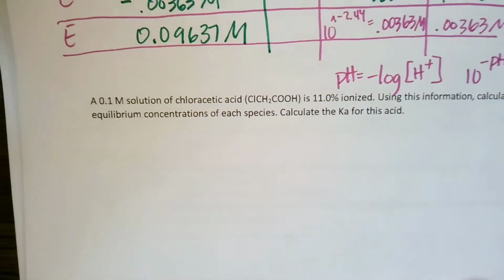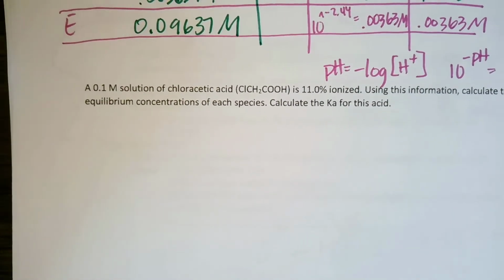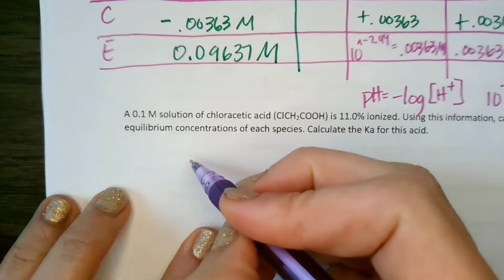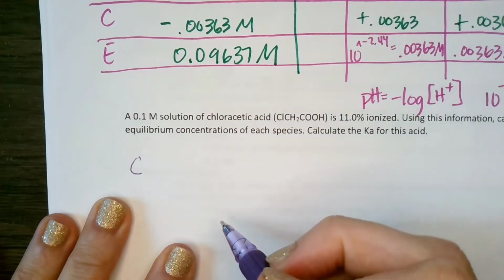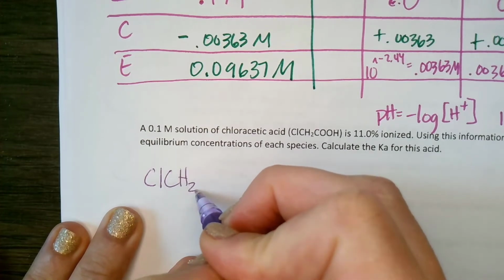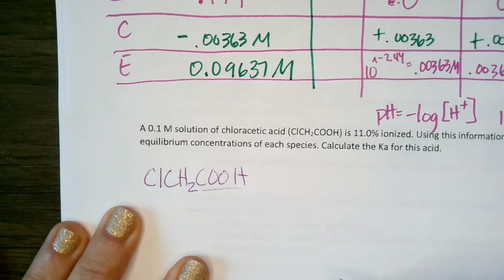Let's look at our next problem here. We have a 0.1 molar solution of chloroacetic acid. So let's just start off writing our expression here, ClCH2COOH. This is our organic acid.